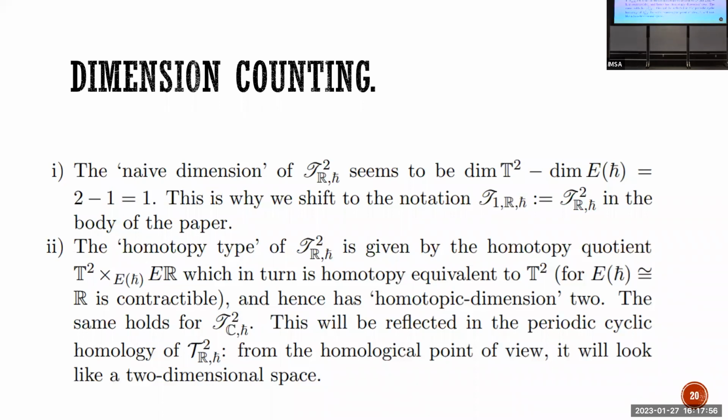And of course, R is contractible, so this is homotopy equivalent to T2. So the periodic cyclic homology will see 2 dimensions. Even though you divided by a quantum lattice, the periodic cyclic homology will see this thing as a 2-dimensional thing. So it kind of solves the puzzle of the dimensions, but you have to remember this fact: that there is this 1-dimensional shift between the homological dimension and the naive dimension.